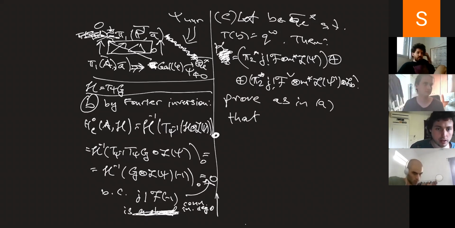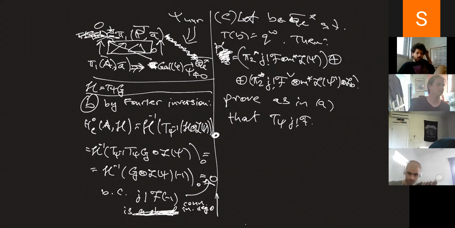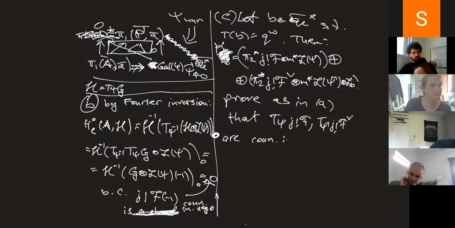I think I just want to say that both of these things are concentrated in degree 1, both of the things that I sum. Is that true? I'm sorry. So both T psi of J lower shriek F and T psi inverse of J lower shriek F check are concentrated in degree 1.